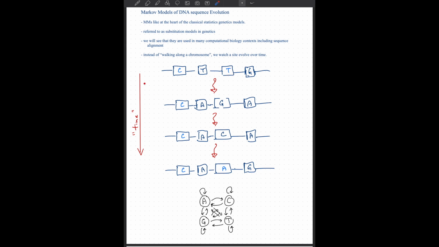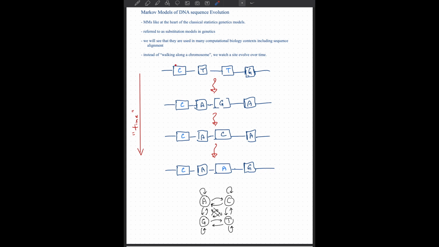Okay, and along this axis here, I'm going to call it time, but that's going to be the trickiest concept today, what do I really mean by time? And that's where you're going to have to really go slow. All right, so the Markov model here, we want to focus on one site over time.